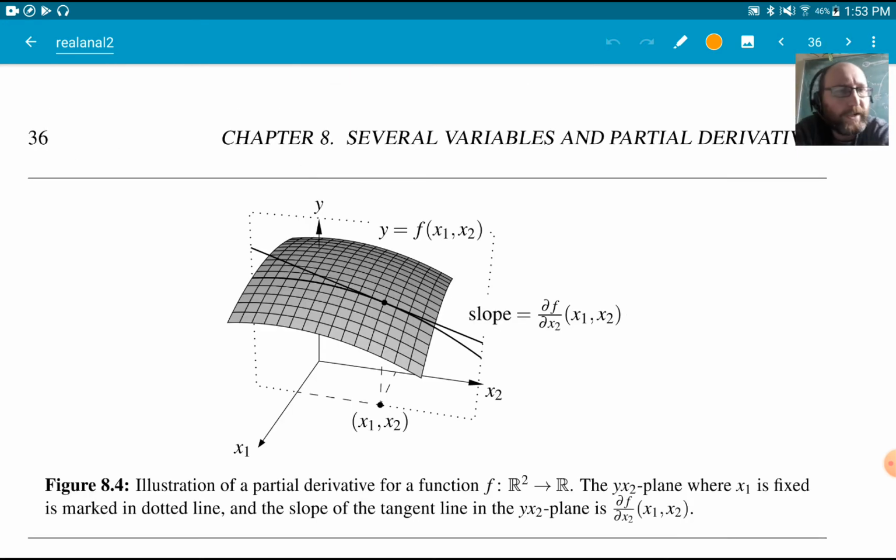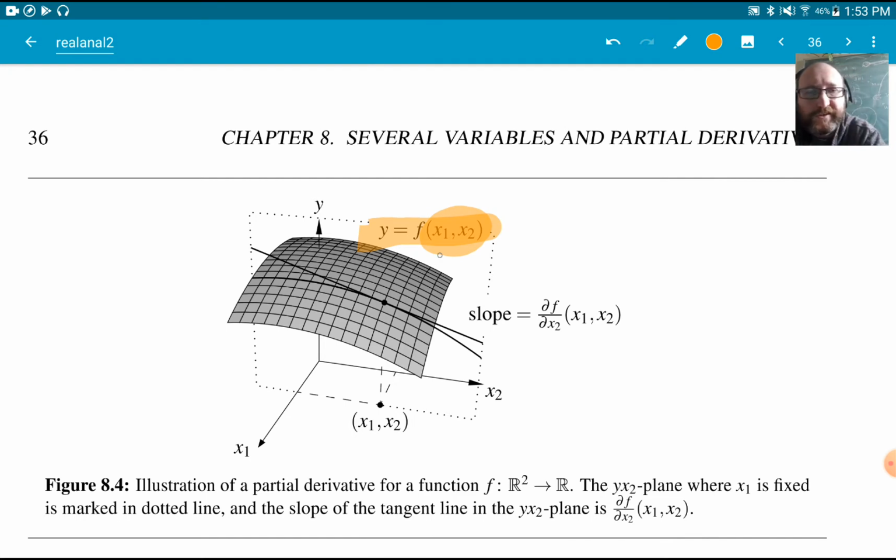All right. Well, let's look at this pictorially. Let's look at the graph of f, and let's just suppose that m is 1. So it's just a function into the real numbers, and we're in R2.